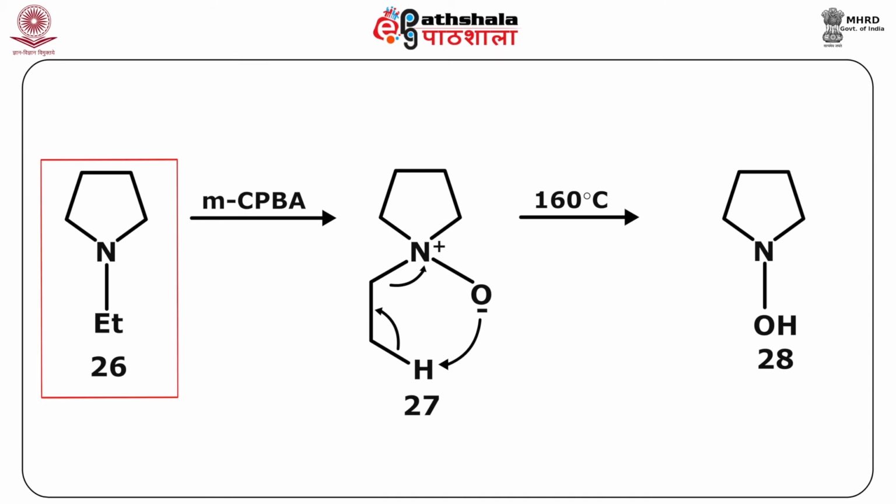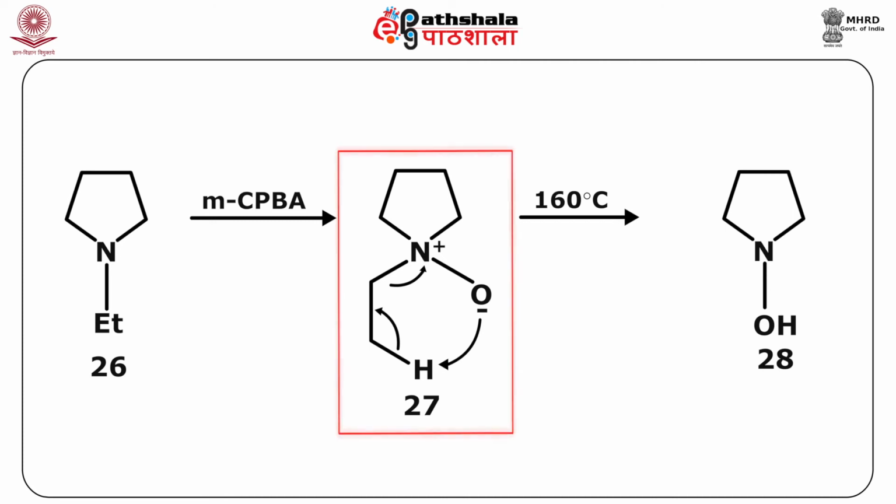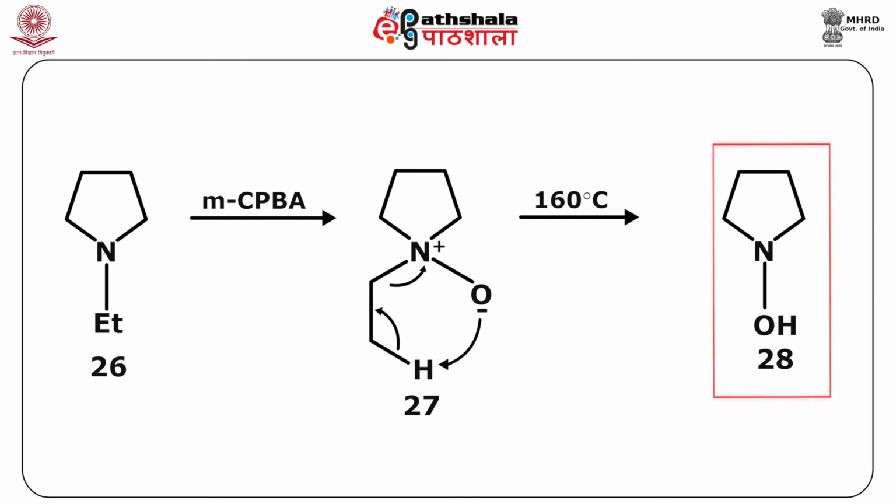In the first step, the N-ethyl pyrrolidine undergoes oxidation to give N-ethyl pyrrolidine N-oxide. The so formed compound then on heating undergoes elimination to give pyrrolidin-1-ol.